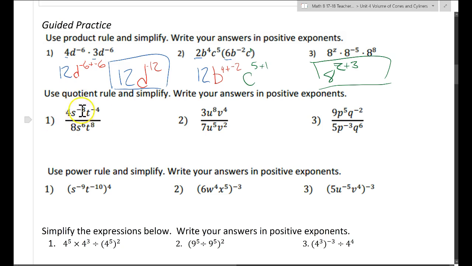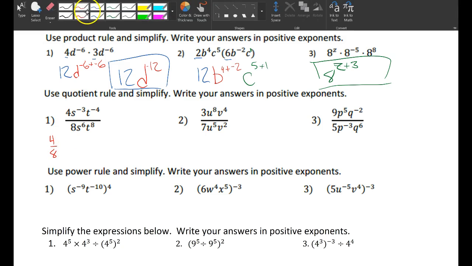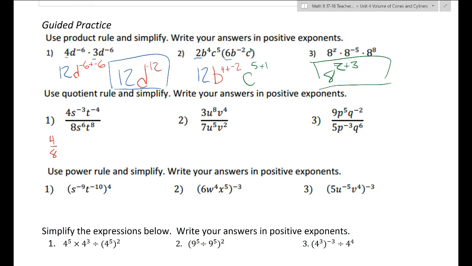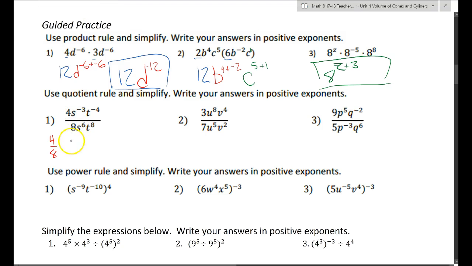Now the same thing I did up there, I'm going to show you how to do down here. We're going to do one of these together, and then I'm going to let you do your own thing for a bit. I'm going to break these into their own separate pieces. So I have 4 divided by 8. That's one piece. My next common base is the s's.